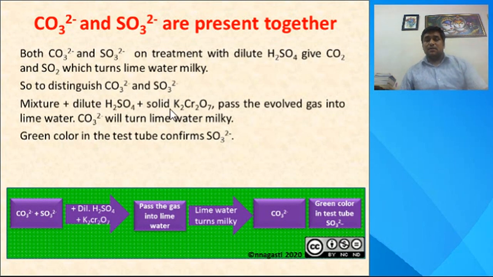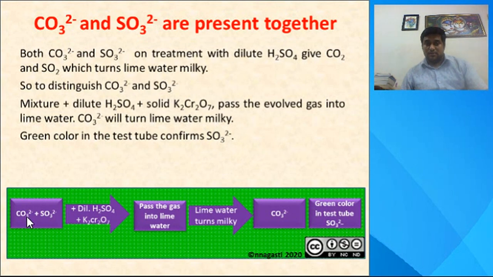And if the solid potassium dichromate, which we have added to the mixture and which appears orange or yellowish orange in color, changes its color to greenish, then it is due to sulfite, because SO2 gas released from sulfite reduces dichromate to chromic salt, and that is responsible for the greenish color.